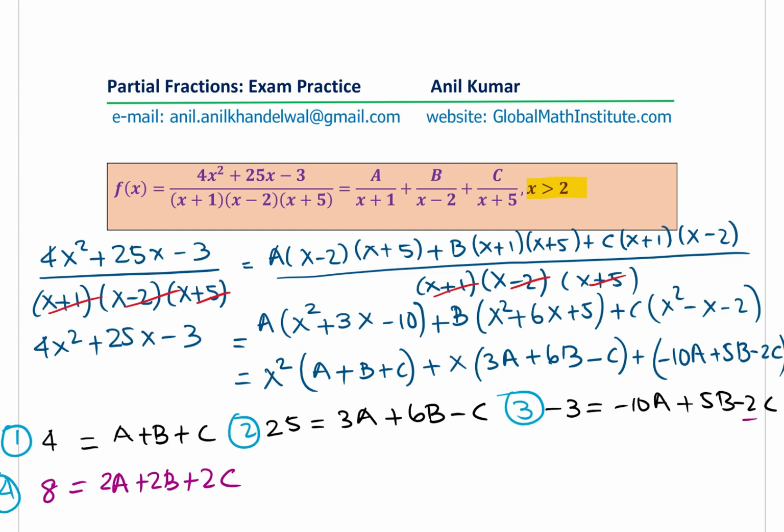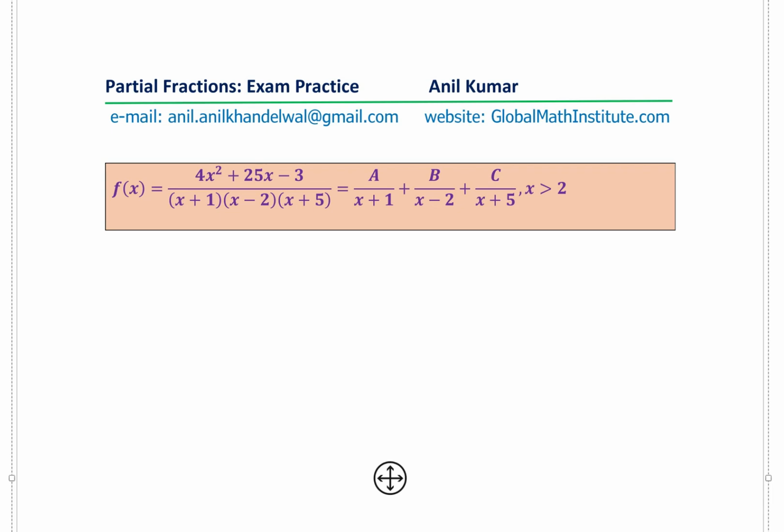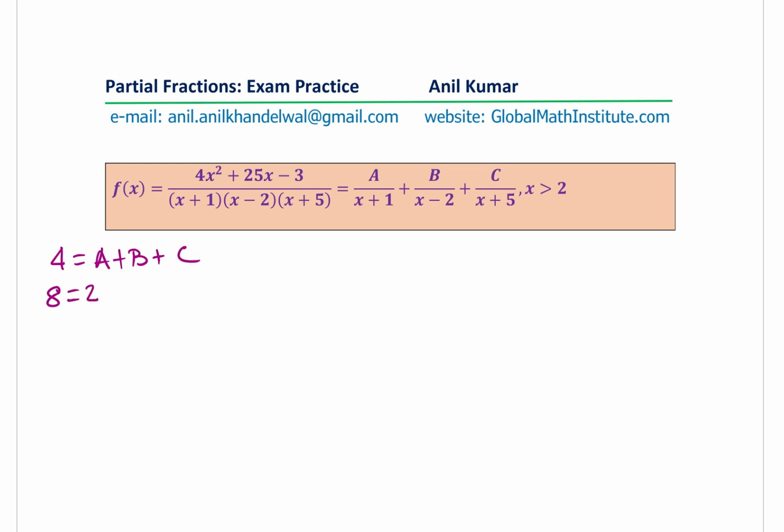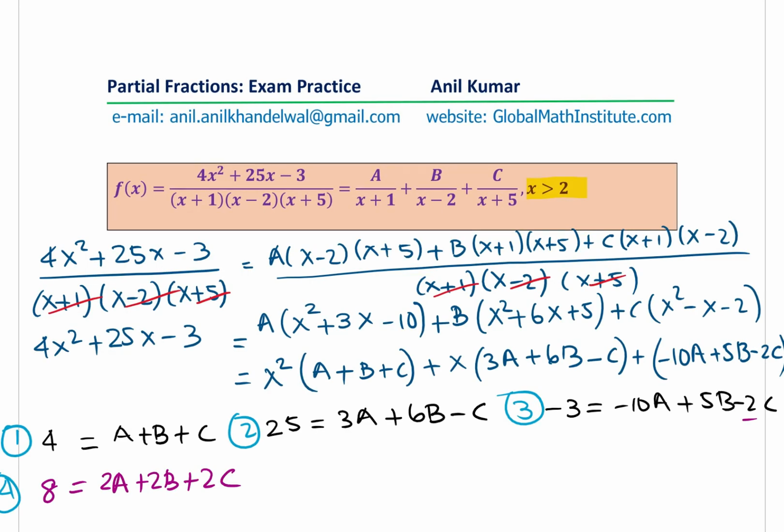So first one here is 4 equals to a plus b plus c. And from here, we're doubling this up and writing this as 8 equals to 2a plus 2b plus 2c. The second equation is 25 equals to 3a plus 6b minus c.